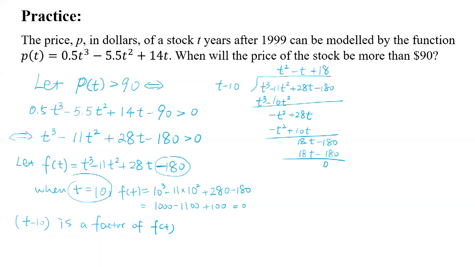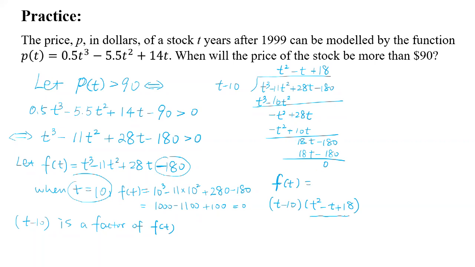So the other factor is t squared minus t plus 18, which can be easily factored further, right? Okay, so f(t) can be factored to t minus 10 times t squared minus t plus 18, right?